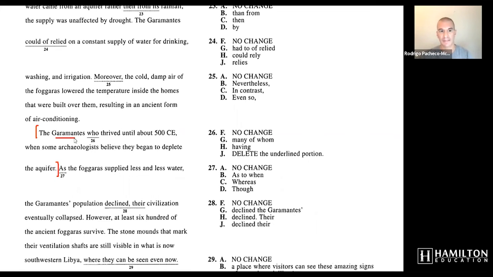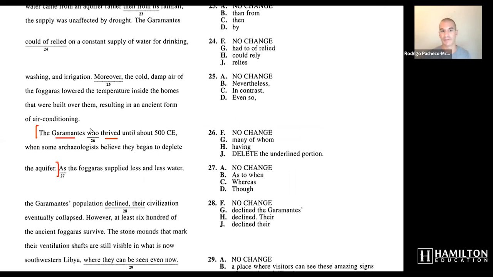This here is our subject, and this is our verb. So we have an independent clause. This first part of the sentence is an independent clause. And that means that if we add a pronoun here, that's going to be redundant. It's going to be unnecessary. So we can just simply say the Garamantes thrived until about 500 CE.